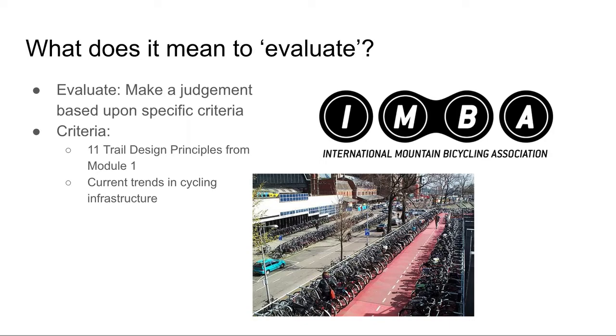So that's our criteria. That's what we're evaluating. And to what level is it achieving those things or not achieving those things? So using specific language, outstanding, excellent, satisfactory, poor, etc., that sort of language is going to become important and imperative.